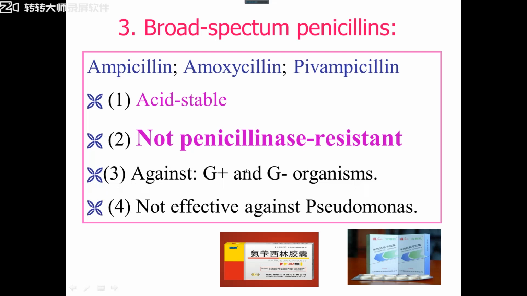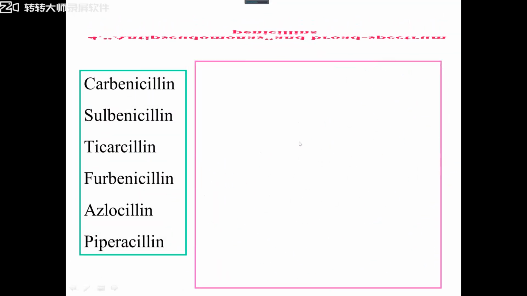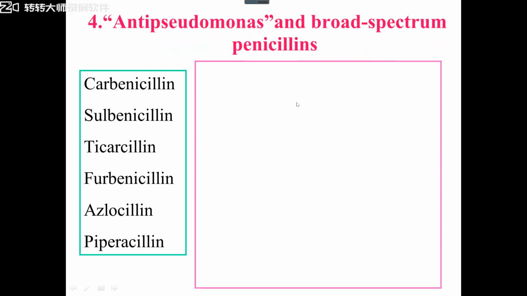But this drug still couldn't kill Pseudomonas, so we add a new group in amoxicillin, and then we have the fourth kind of semi-synthetic penicillins, we call them antipseudomonas, broad-spectrum penicillins.